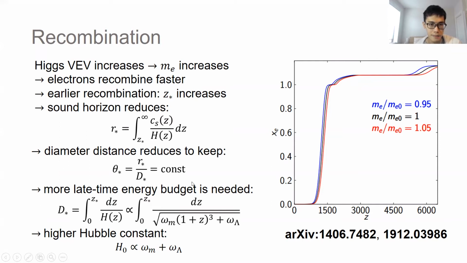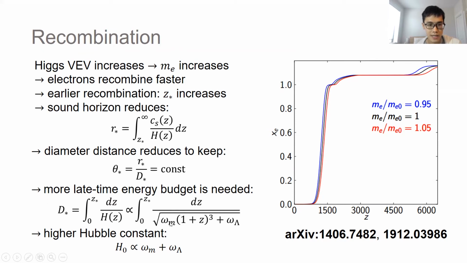To maintain the CMB structure, we want to keep this theta star value fixed, because theta star is tightly related to the first peak of the CMB spectrum. To keep theta star fixed while r star decreases, we also need to decrease D star. And to decrease D star, from its definition, we can see that we have to increase the energy budget of the universe at late times.